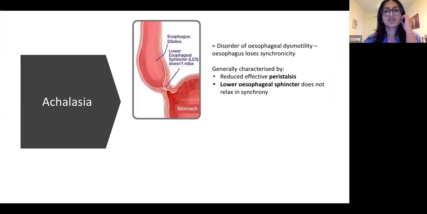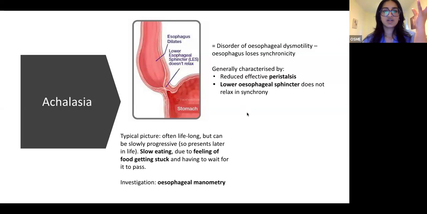And unfortunately, the lower esophageal sphincter also doesn't relax. So you have this tight, constricted lower esophageal sphincter, and the part above it has dilated. So you have this functional disorder of the esophagus, which means that it's a lot more difficult for you to swallow food. And that's why you have the dysphagia.